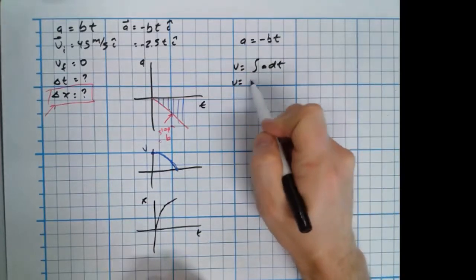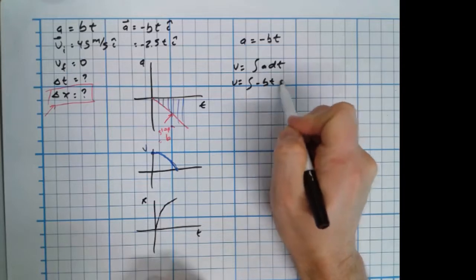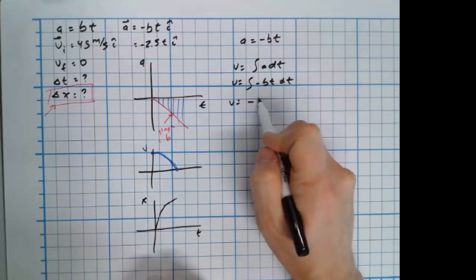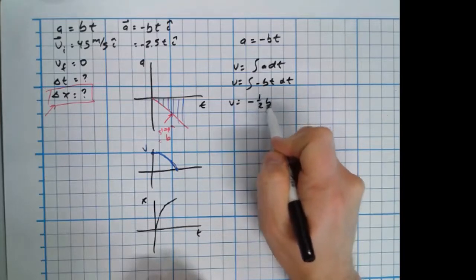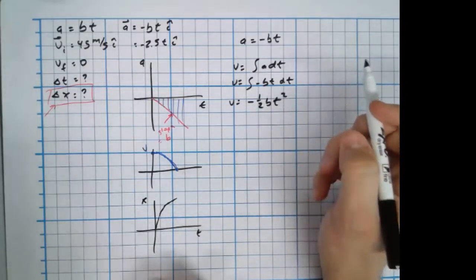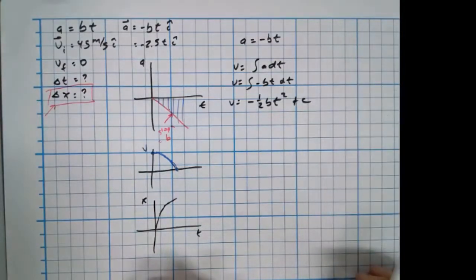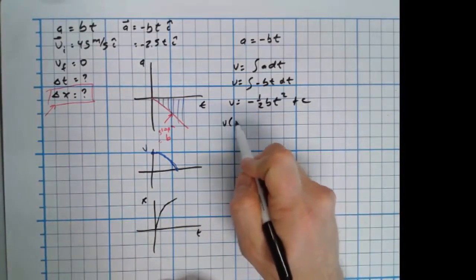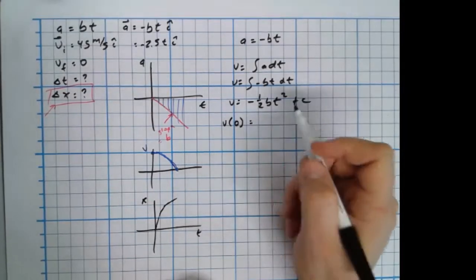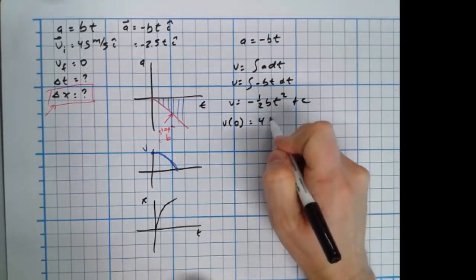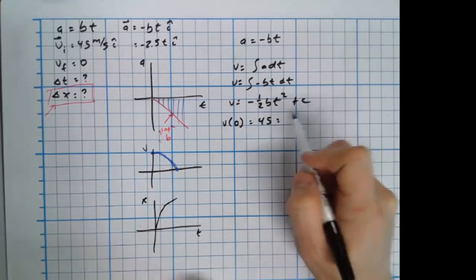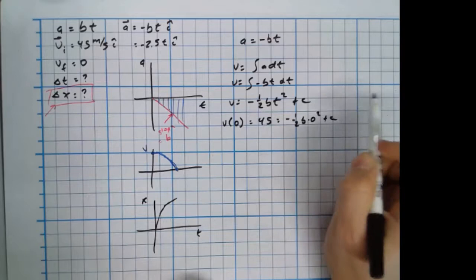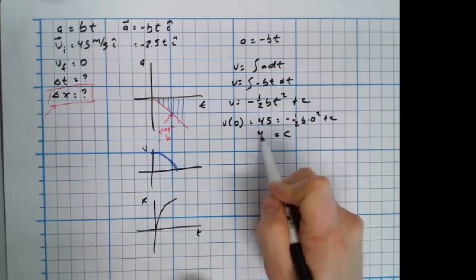So the velocity is the integral of negative bt dt, which is negative 1/2 bt squared plus a constant. And we know that the velocity at time 0 is 45, which is negative 1/2 times b times 0 squared plus a constant. So that means the constant is 45.